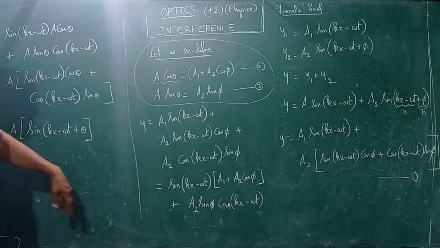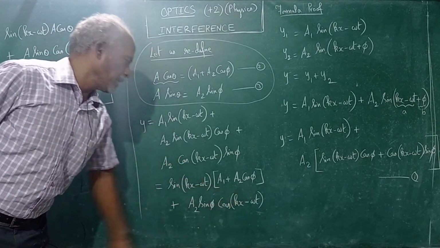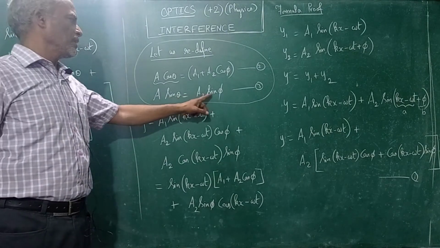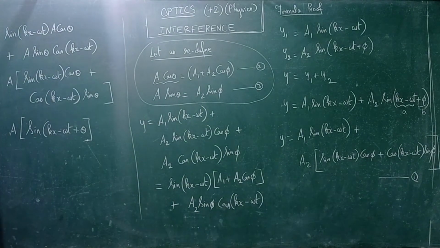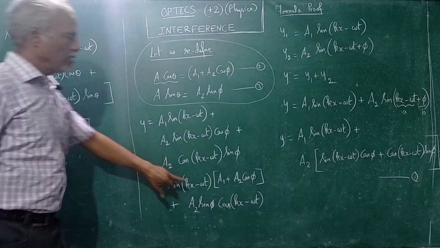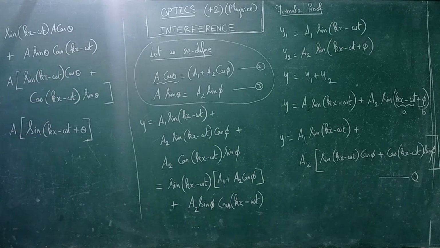Then you have the second term a2 sin phi cos kx minus omega t. a2 sin phi is nothing but a sin theta. So this term can be written as a sin theta into the second term cos kx minus omega t.